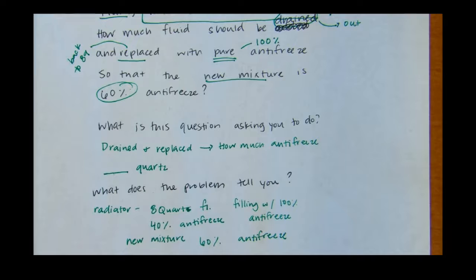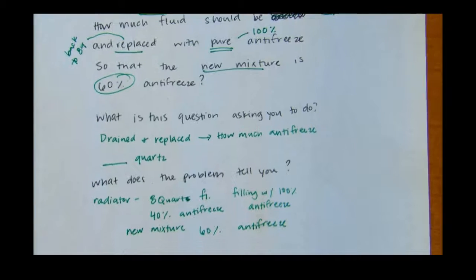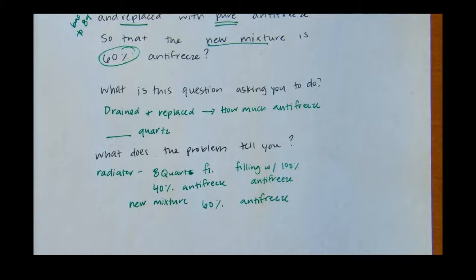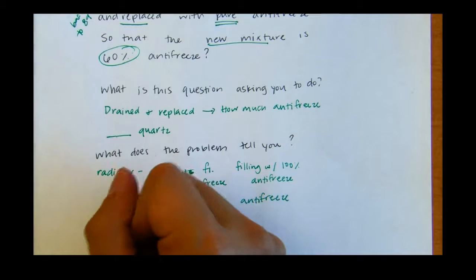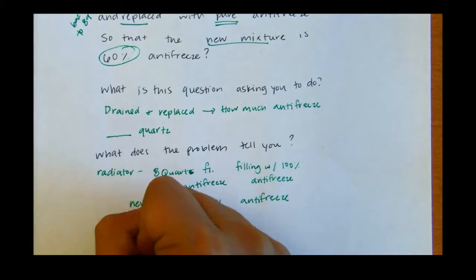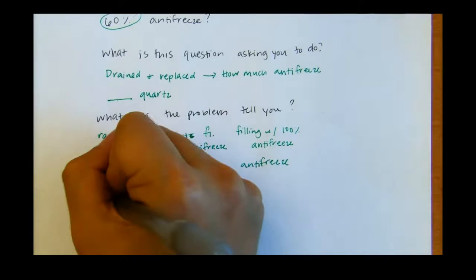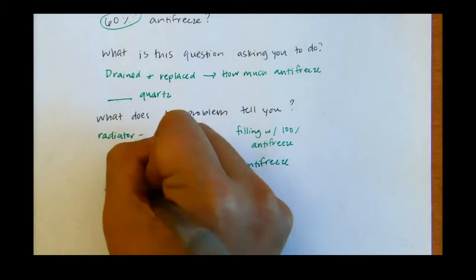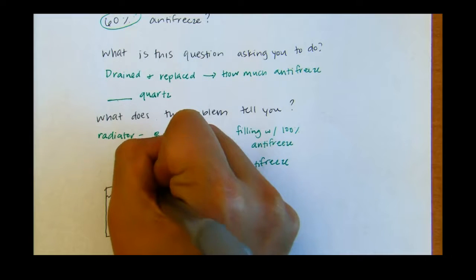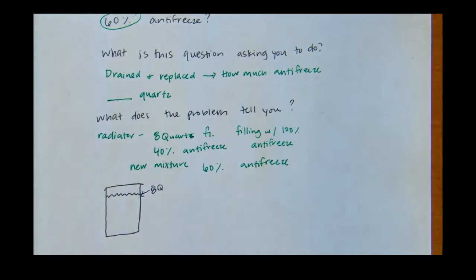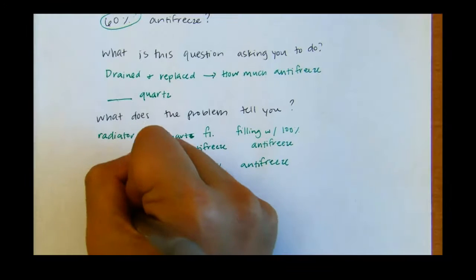What I need to find is how much antifreeze I'm draining and replacing. To start this problem off, I'm going to put a visual to the problem. So I'm starting off at a 40% solution that is 8 quarts. 8 quarts, 40%.